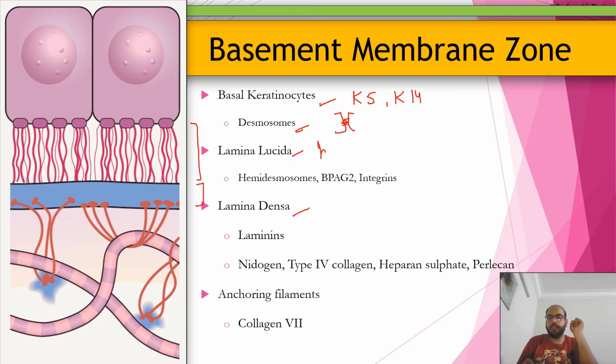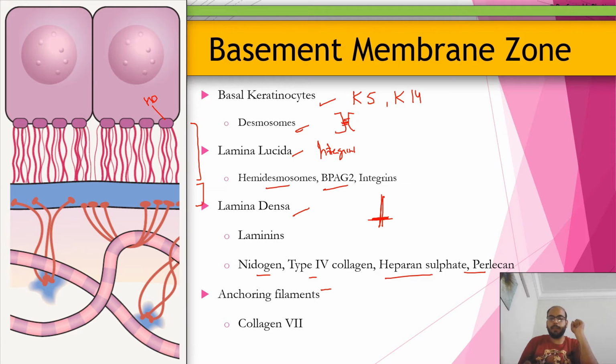In lamina lucida, you will have majorly integrins and BP2 along with hemidesmosomes. So this here is hemidesmosome, and below that you have integrins and BP2. In lamina densa, you will have majorly laminins, these cross-shaped laminins, nidogen, type 4 collagen, heparan sulfate, perlecan. These are all molecules that we discussed in part 3, I believe, the video on the basement membrane zone.